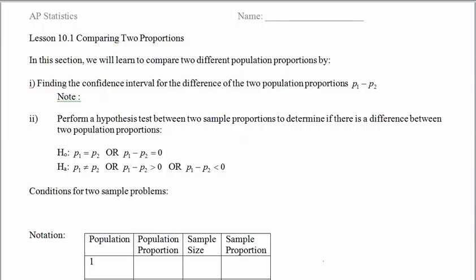With regards to the confidence interval, please note that if the confidence interval contains 0, there may be no difference between P1 and P2.